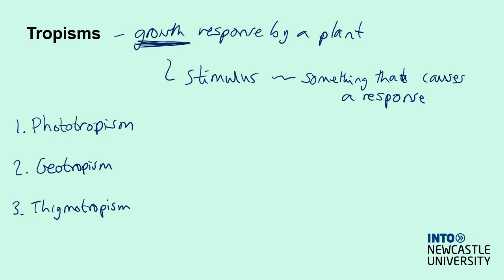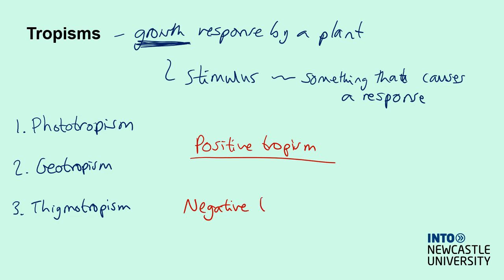And one last thing to mention before we look at these in a little bit more detail is that tropisms can either be a positive tropism or a negative tropism.